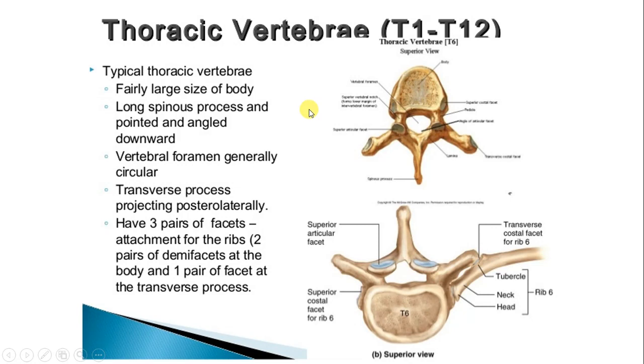A typical thoracic vertebra is fairly large and has a large body and a large spinous process, with a vertebral foramen for the spinal cord. The vertebral foramen is generally circular, but sometimes it is also triangular.